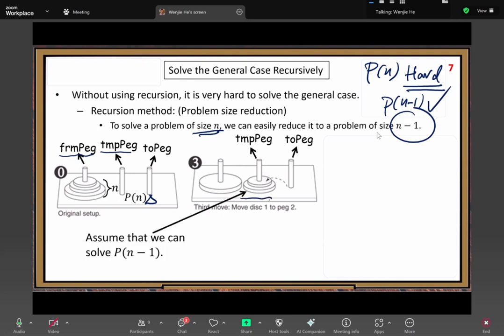Let us apply this P of n minus 1, and make temporary peg as the destination peg. When we apply P of n minus 1, we use the temporary peg as the destination peg. That's okay, right? Okay. Then the gap part. Fixing the gap part.